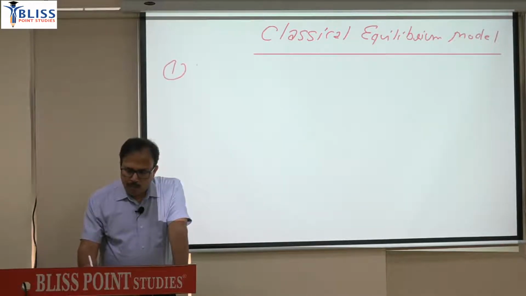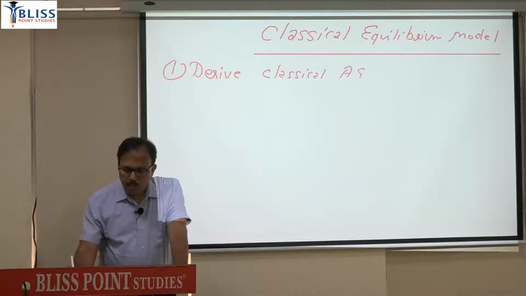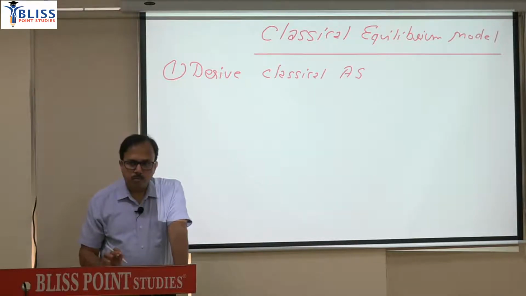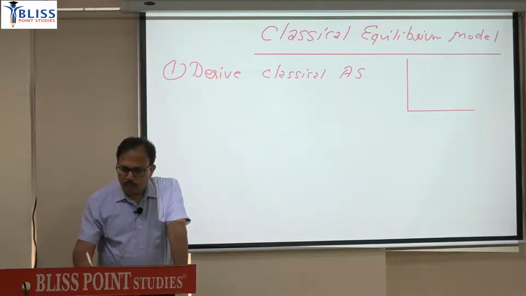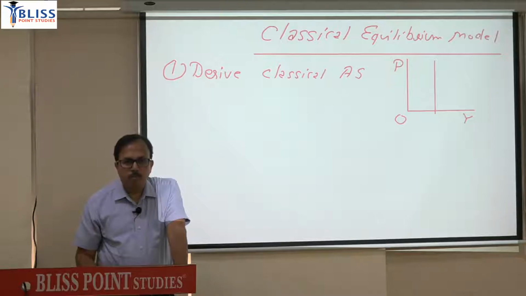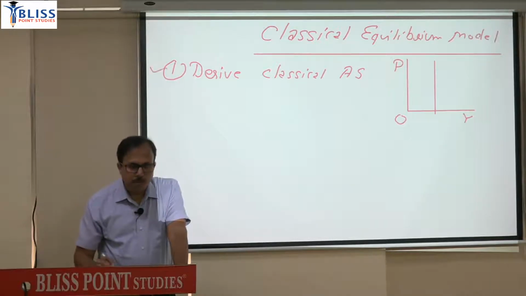First we will derive classical AS. First topic will be this. We will be deriving the classical aggregate supply curve first of all. And whenever you draw aggregate supply curve, it means you are writing the relation between price and output. But why the aggregate supply curve is vertical, we have to explain that. Okay, this will be your first topic.